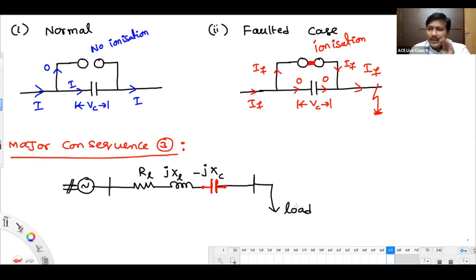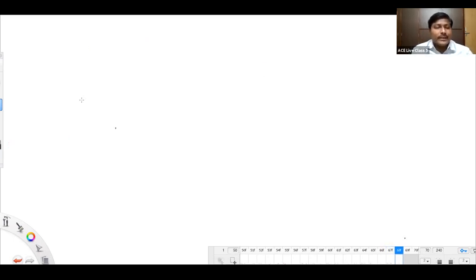Assume that your load is unity power factor, meaning it is a pure resistor. So L and C elements exist only in the transmission line. Because of this L and C, there is a possibility of getting resonance. At how much frequency are we going to get the resonance? Please look here.